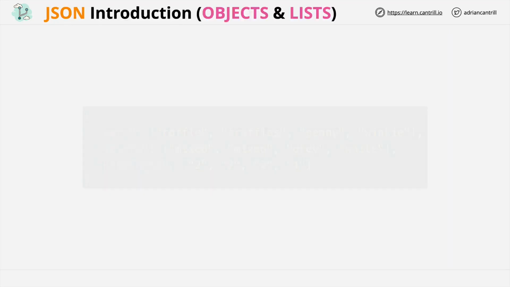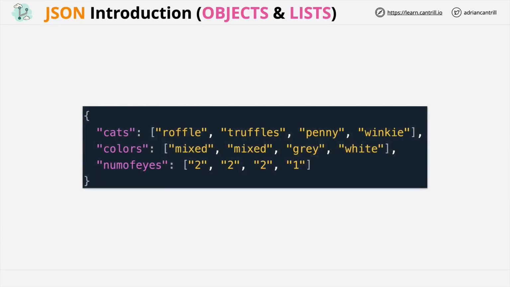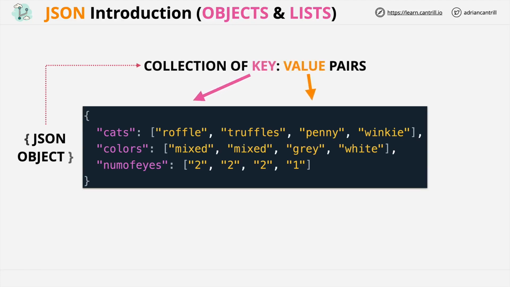So this is an example of a simple JSON document. Notice how even at the top level there are these curly brackets. This shows that at a top level a JSON document is simply a JSON object, a collection of key value pairs separated by a colon. So in this example we have three keys.